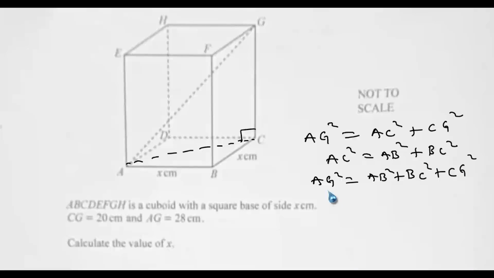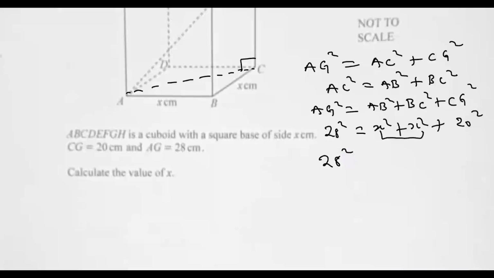So let's substitute the values. We're going to have 28 squared equals x squared plus x squared plus 20 squared. So 28 squared equals 2x squared plus 20 squared. So I can collect like terms: 28 squared minus 20 squared equals 2x squared.